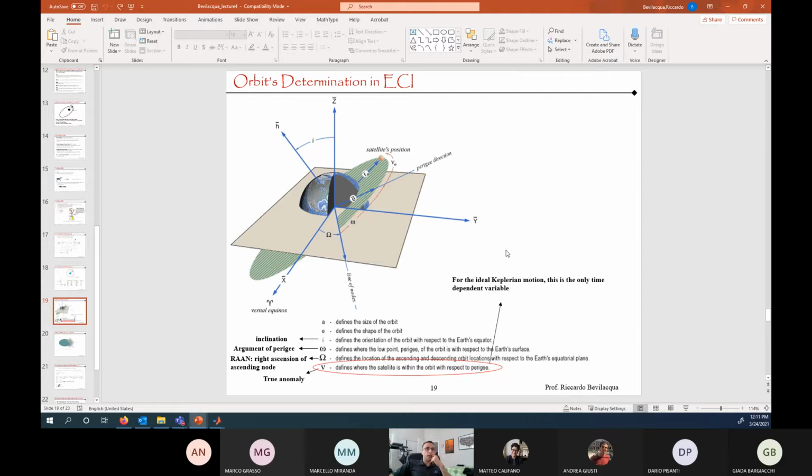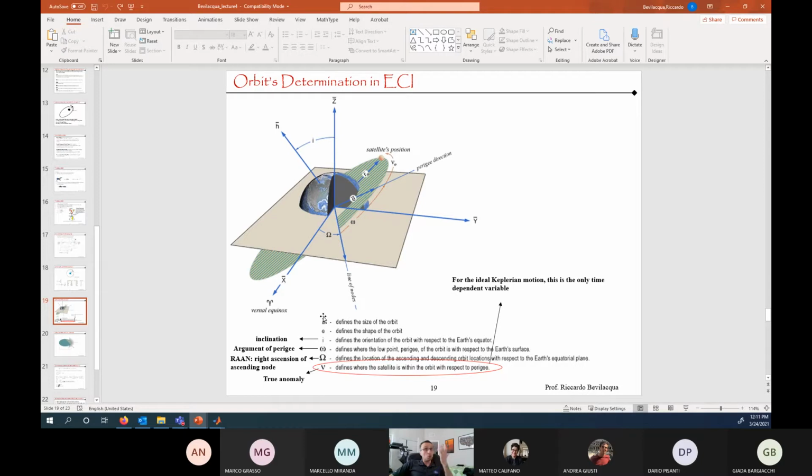But for many reasons, it is convenient to represent an orbit and then eventually the position of the satellite on that orbit using, at least in the ideal case where we have Keplerian acceleration only, what are called orbital parameters. So I'm sure you may have heard of them, or you're very familiar with them.